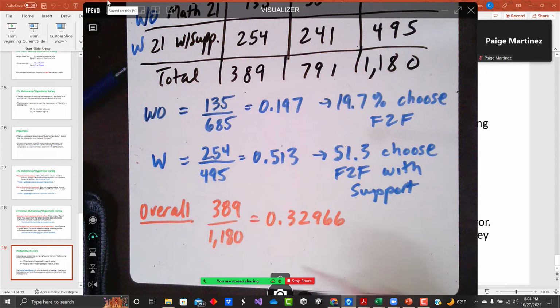So 0.330, if I went to 3 decimal places.